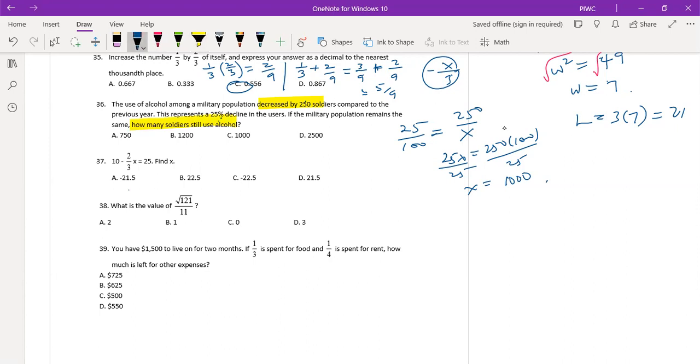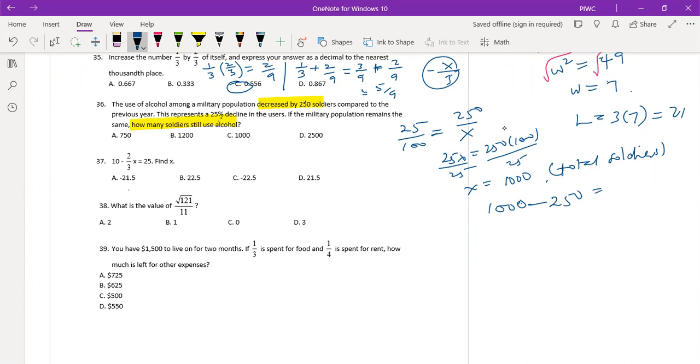So out of this 1,000, that's the population, the total number of soldiers, it went down by 250.